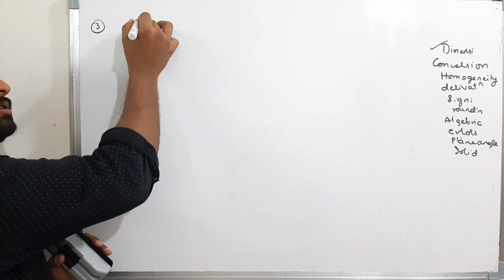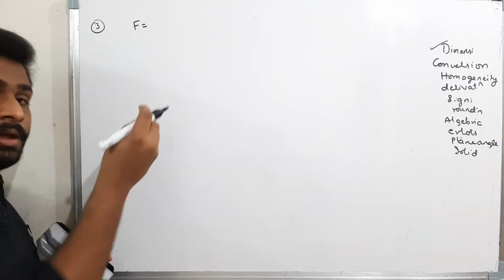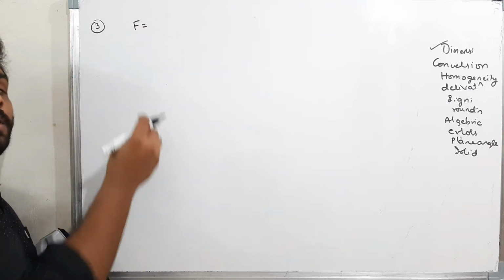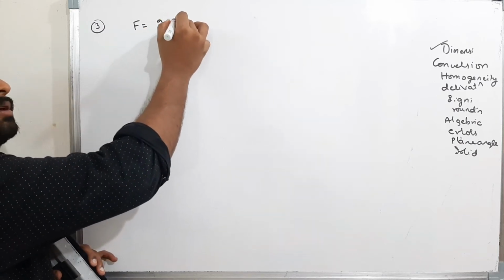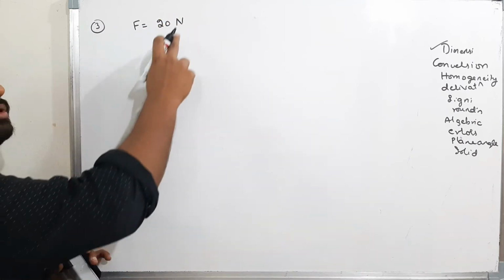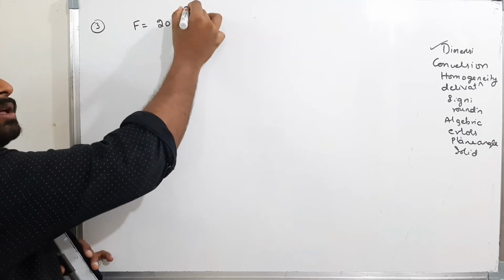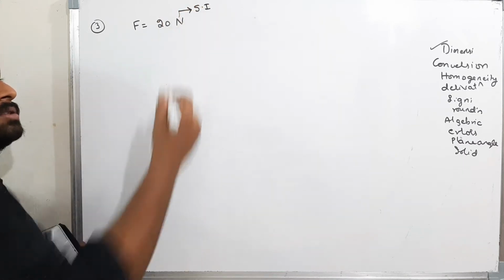The force is given in a measurement or an experiment. The value of force I got is 20 newtons, where newton is the unit of force in the SI system.